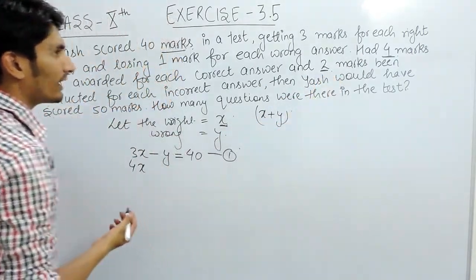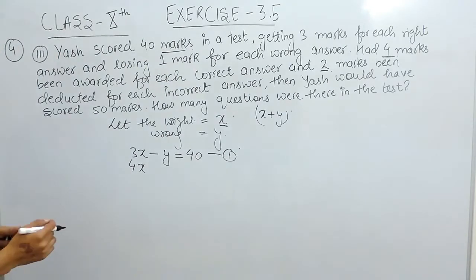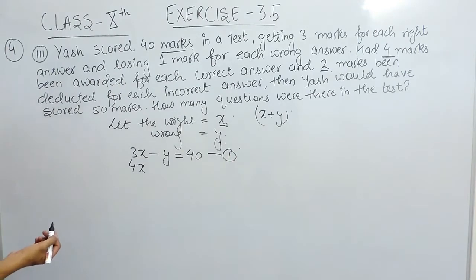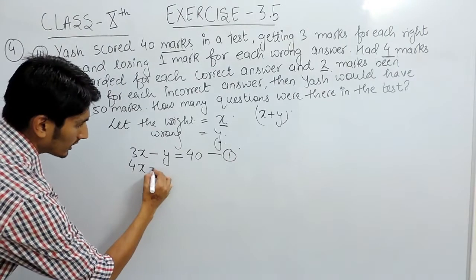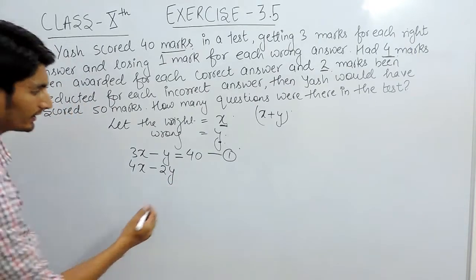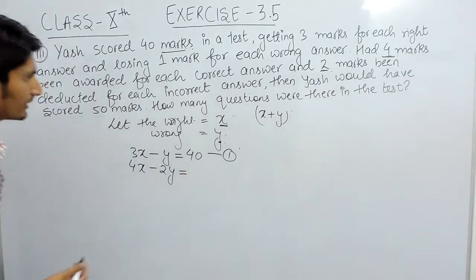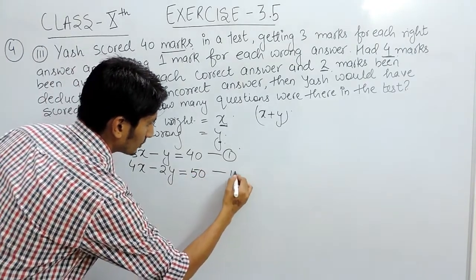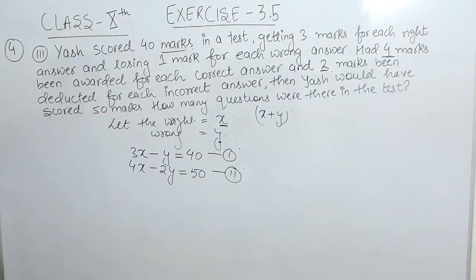In this case 2 marks has been reduced for each incorrect answer. If Yash has marked y questions as incorrect, so the total which should be reduced is 2y, and in this case the total he scored is equal to 50. So this is our second equation.